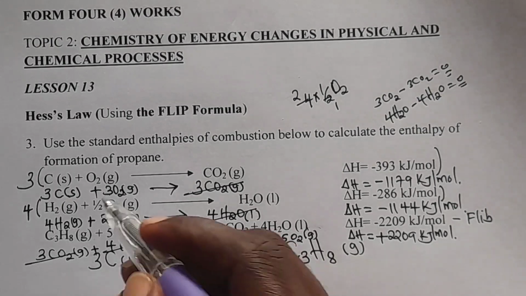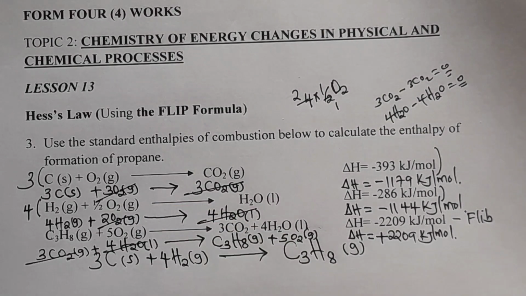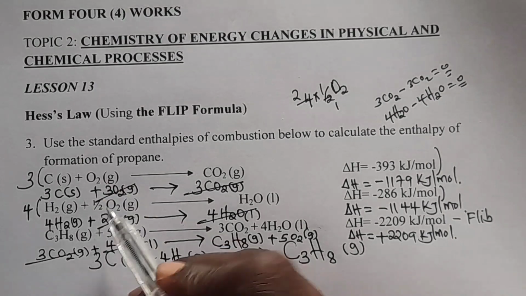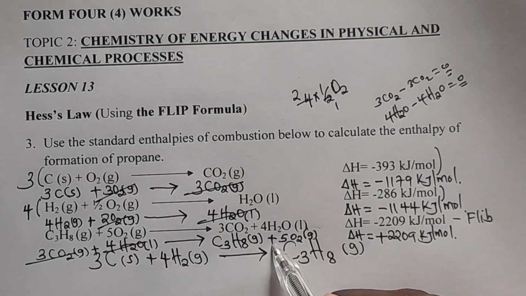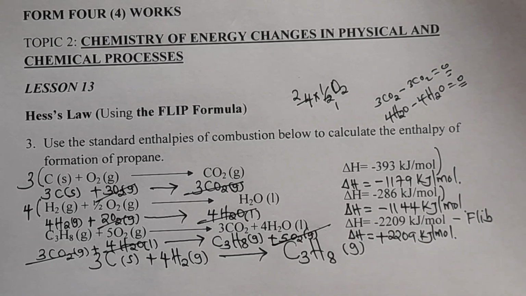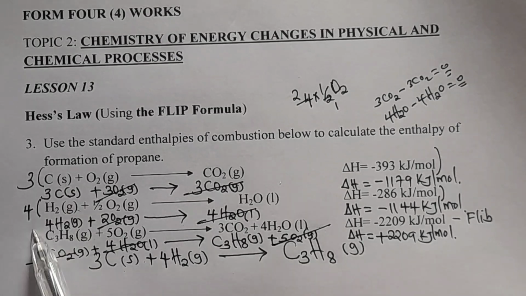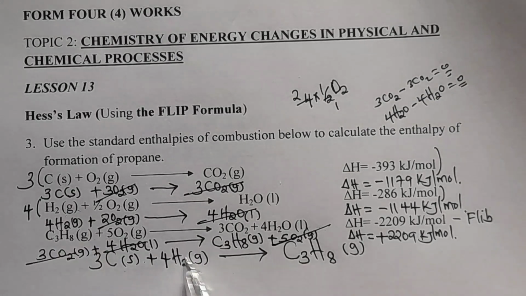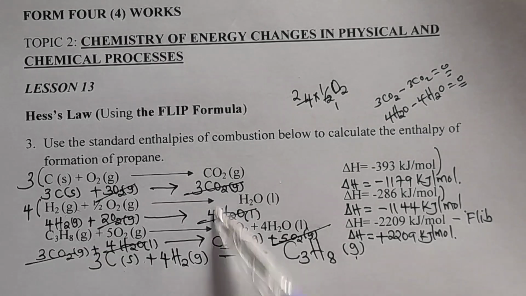So the 5 moles of oxygen gas on the reactant side will cancel with the 5 moles of oxygen gas on the product side, and there we have no oxygen gas. So the overall equation is 3 moles of carbon plus 4 moles of hydrogen gas, giving only propane, which is a gas, on our product side. The rest has been cancelled out.